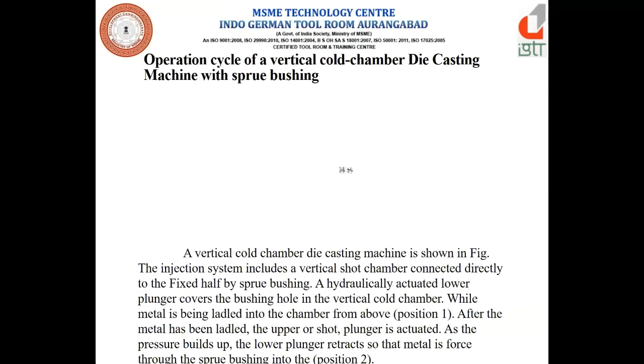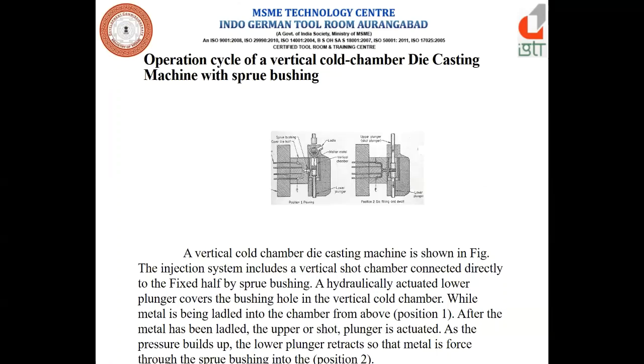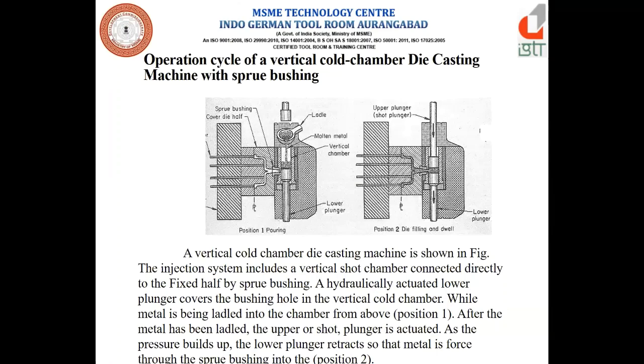To reduce the defects that come with the cold chamber die casting machine, one improvement came into existence, and that is the vertical cold chamber die casting machine.